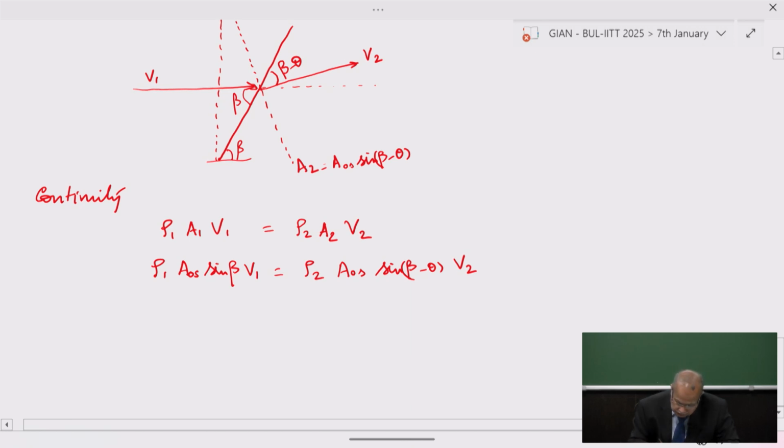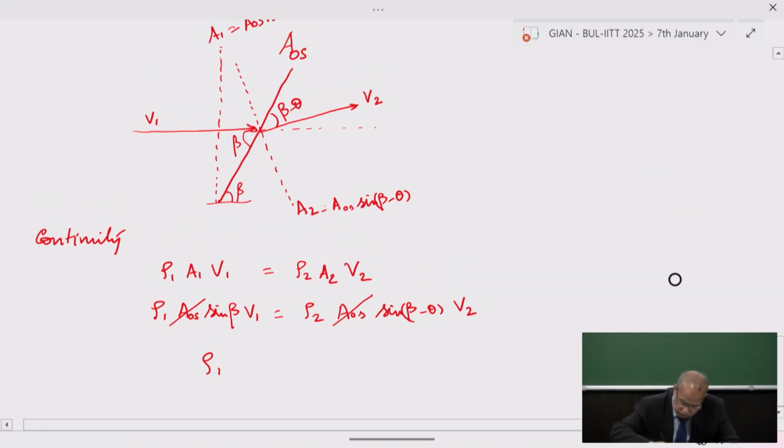Now we can see that there is common AOS on either side. The equation now reduces to the form rho 1 V1 sine beta. What is V1 sine beta? It is the normal component to the shock, V1n.